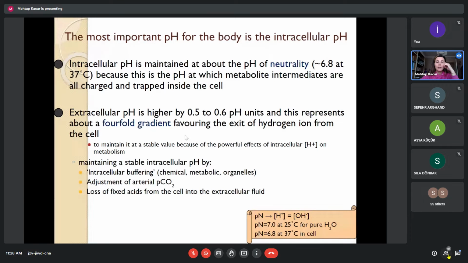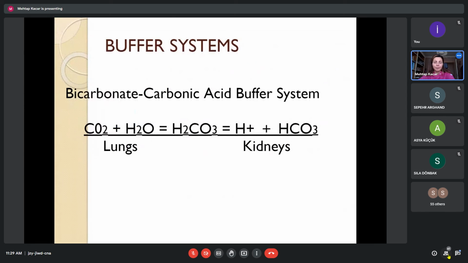And we keep stable intracellular pH because of the intracellular buffering system: the chemical buffer system, metabolic buffer system, and organelles, and adjustment of arterial PCO2, and also fixed acids moving from the cell into the extracellular fluid. And you can see here the bicarbonate carbonic acid buffer system.